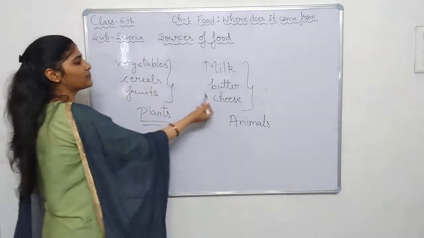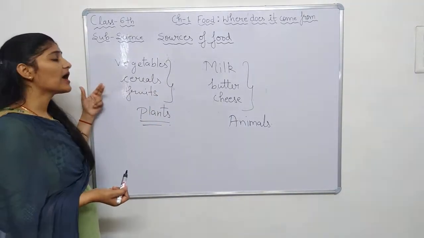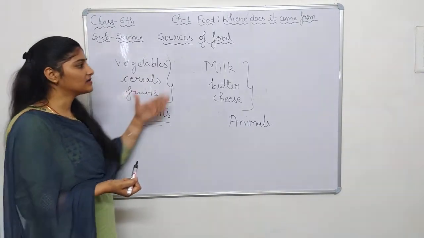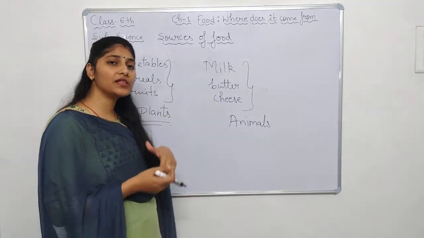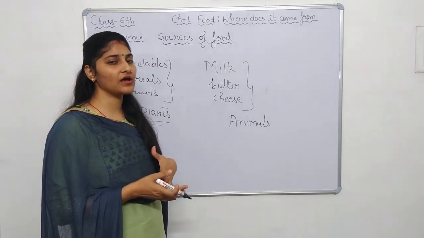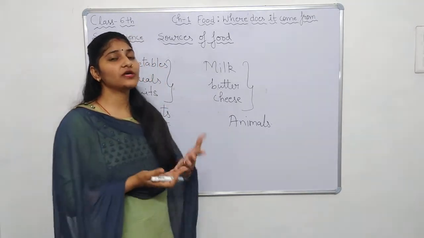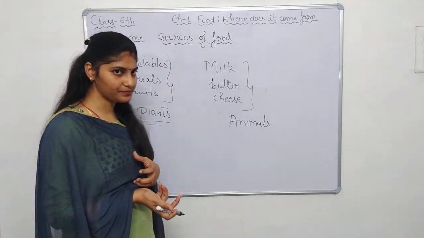Here are the examples. As you can see, all the vegetables, cereals and fruits, we are getting from plants. And milk, butter, cheese, curd, buttermilk, all these things we are getting from animals. Fish, meat, prawns are also included.